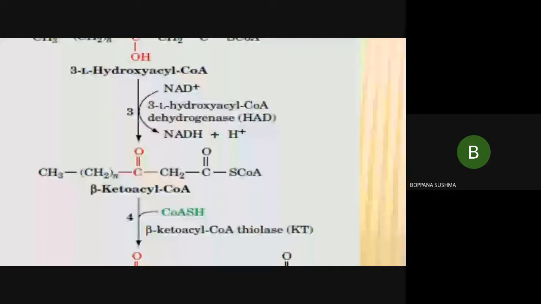Beta hydroxyacyl CoA undergoes the oxidation reaction to form beta ketoacyl CoA.